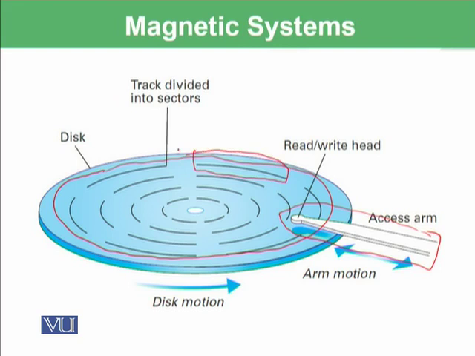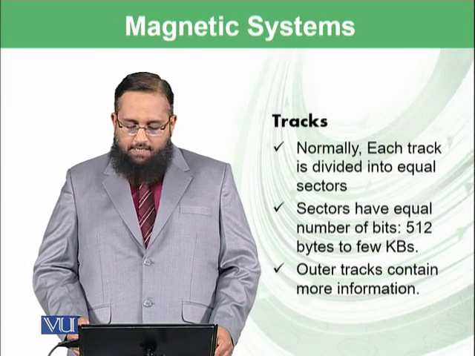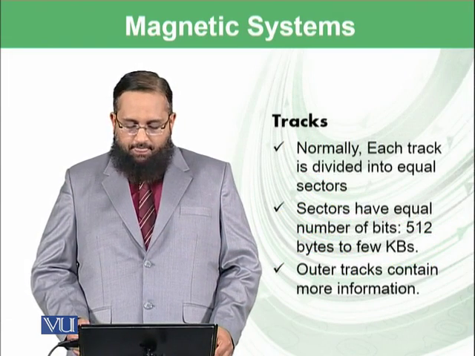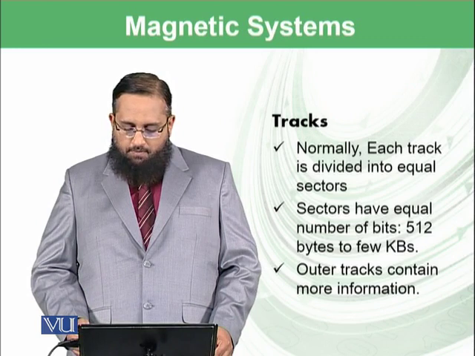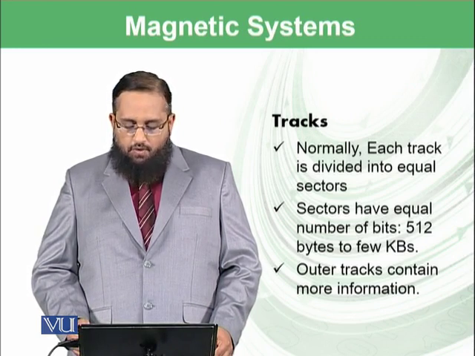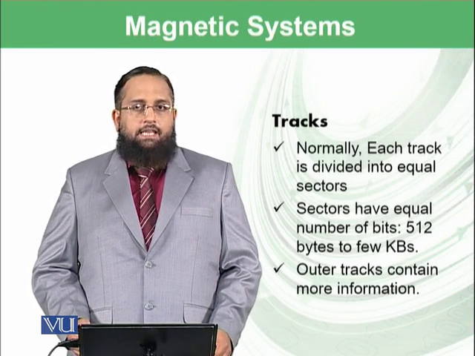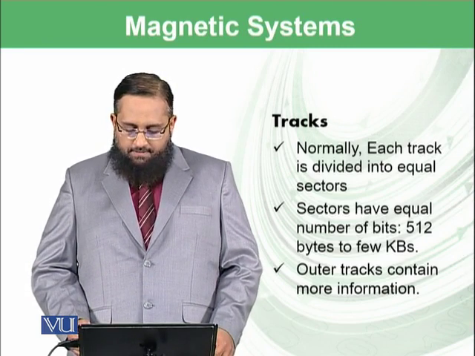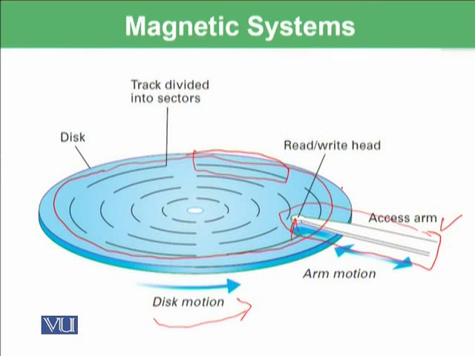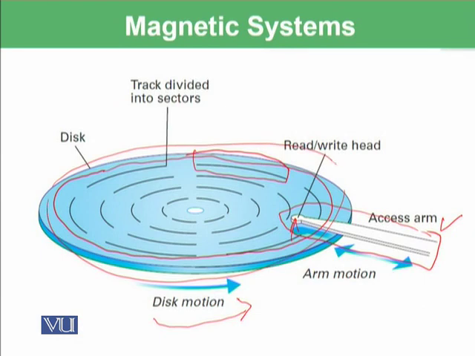Data is read by the access arm, which also has a read-write head available here, and the disk is moving in this direction. Each track is divided into equal sectors, and sectors have an equal number of bits. About 512 bytes to a few kilobytes are contained in each sector. And outer tracks contain more information because you can see that outer tracks are comparatively large in area.